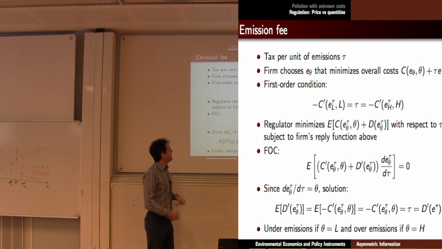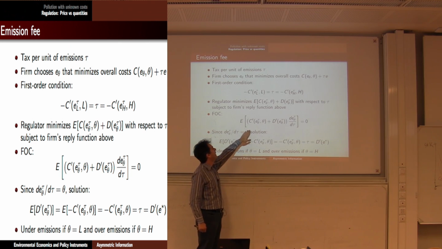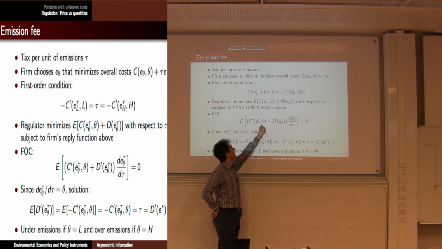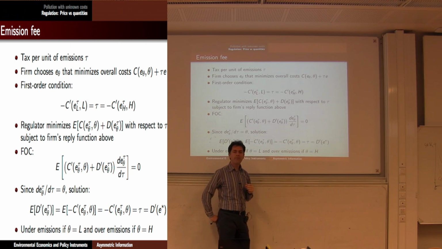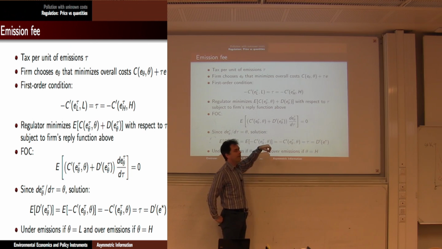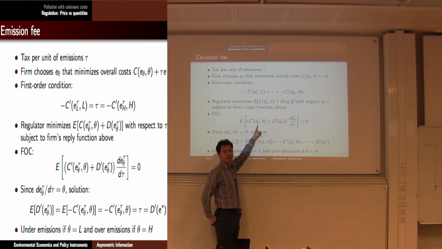So as a consequence, when you solve this problem, you get this first order condition. So here, this term is the marginal social welfare when emission changes. It depends on the type, and also, as you can see above, emission will depend on the type of the firm, on the cost.